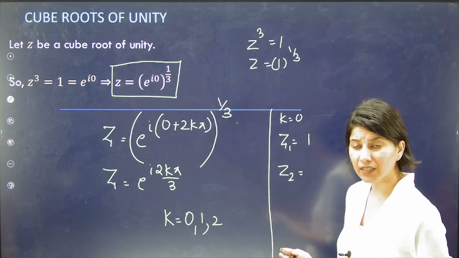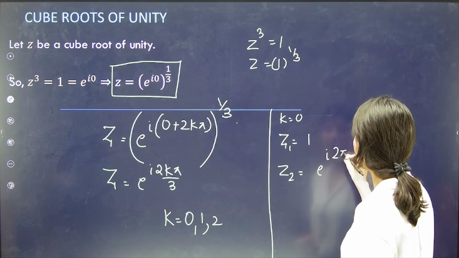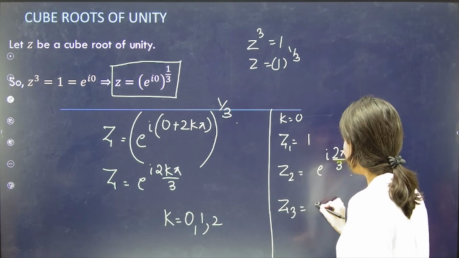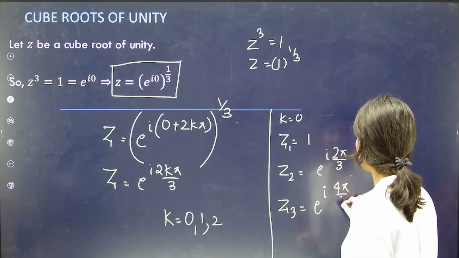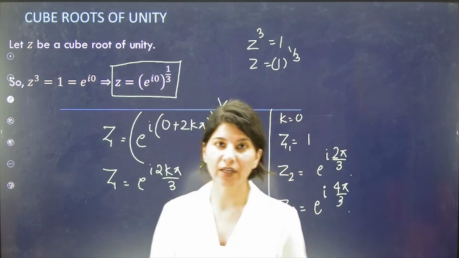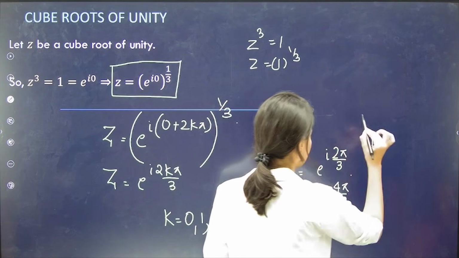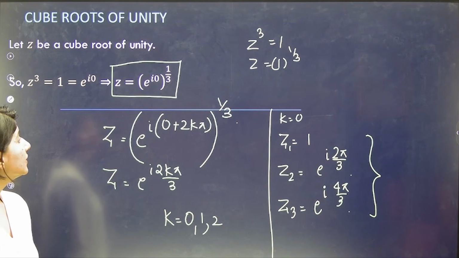z2: the moment you put k equal to 1, e raised to the power iota 2 pi by 3. z3: e raised to the power iota 4 pi by 3. So z1, z2 and z3. Clear?